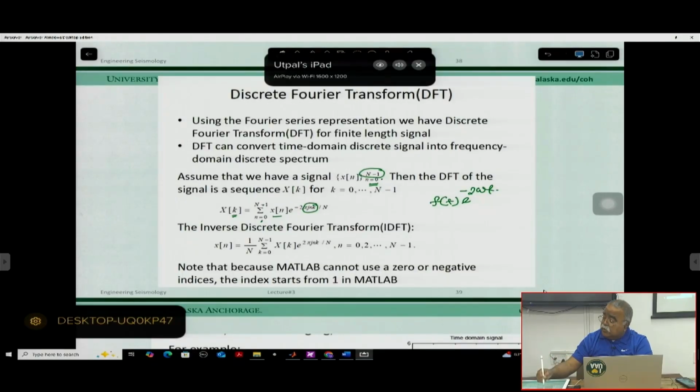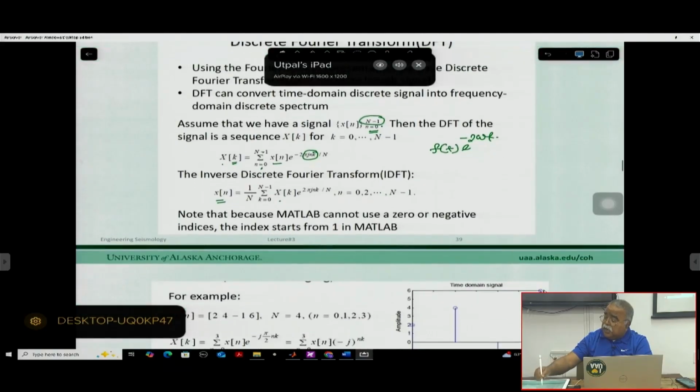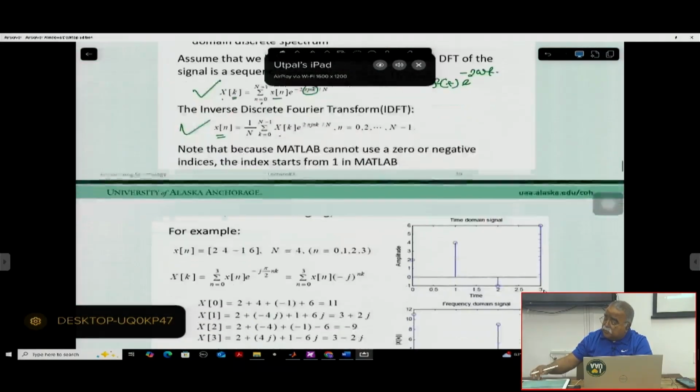So omega into t will be written as 2 pi, this way, right? Therefore, if you take the inverse Fourier transform, then xn you can calculate if you know the Xk value, and it will be plus 2 pi j into nk by N, right? That's the discrete Fourier transform.